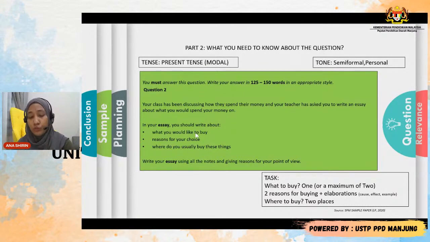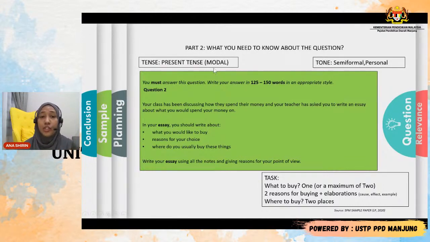And this would allow you to write within the 125 to 150 word limit. Can you write a bit more? I hope you remembered what I said just now, that you can write a bit more, but not exceedingly more. Okay? And the tense.